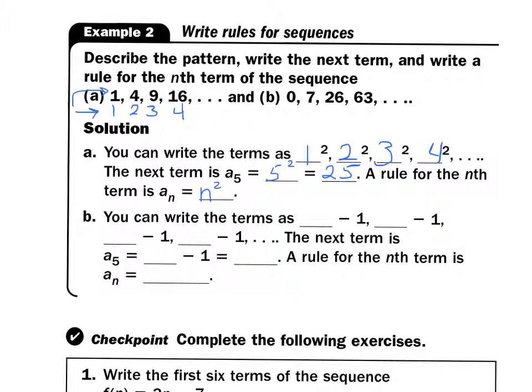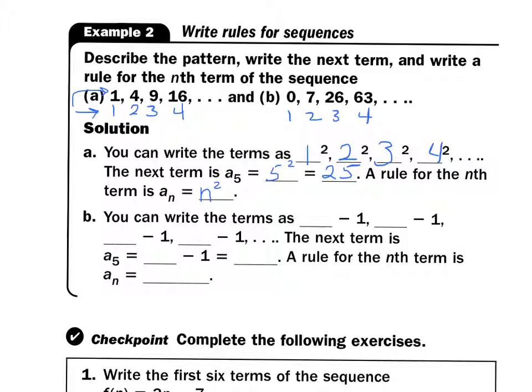Alright. Now next, let's number these. 1, 2, 3, 4. A little bit more difficult. How do we go from 1 to 0? Well, I can subtract 1. Does my rule hold up for the next number? If I take 2 and subtract 1, do I get 7? No. So I've got to figure out my rule again. This one is, if I take the term number and cube it, and then minus 1, I have it.